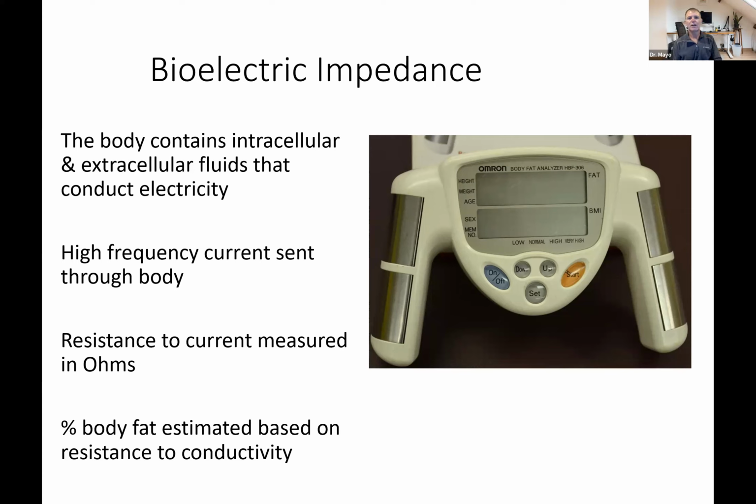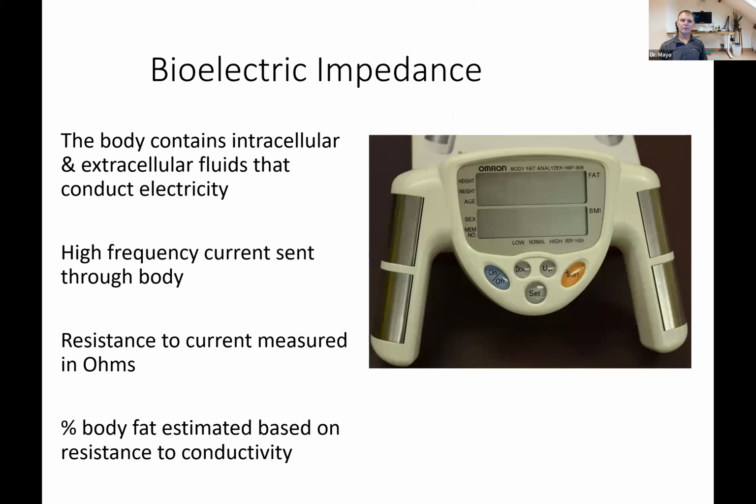When you guzzle a bunch of water before, that's going to fool this device into thinking, okay, I've got more fluid, so the conductivity is going to be easier, less resistance. It's going to make it seem like you've got less body fat. Same thing if you're dehydrated: it's going to make it seem like you've got more fat.